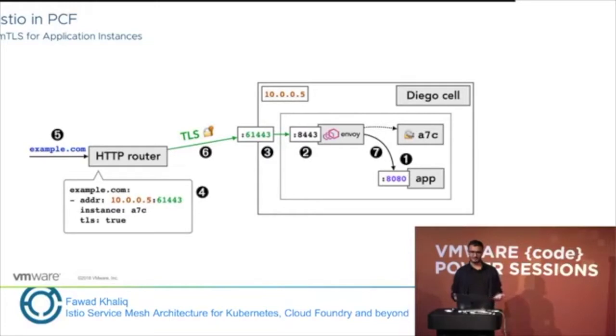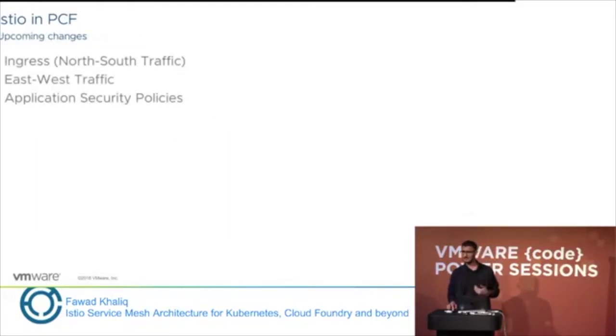The job of Envoy inside PCF right now is to provide mTLS between different applications, and that's already there. There's further work going on inside the PCF community to add ingress using Istio, east-west traffic, and some security policies.